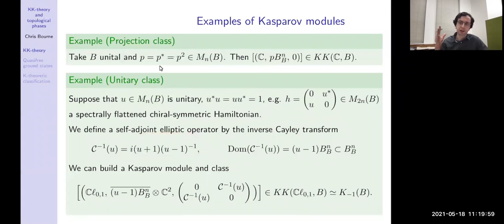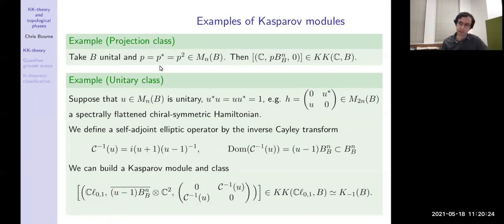The only other thing we have to worry about is this Z mod 2 grading, but we easily deal with that. We just take two copies of our C-star module, and we declare one is the even part, one is the odd part, and then we put this operator as an off-diagonal operator. And then to deal with the fact that we've doubled up, we also put a Clifford algebra here, which is going to act as minus 1, 1.